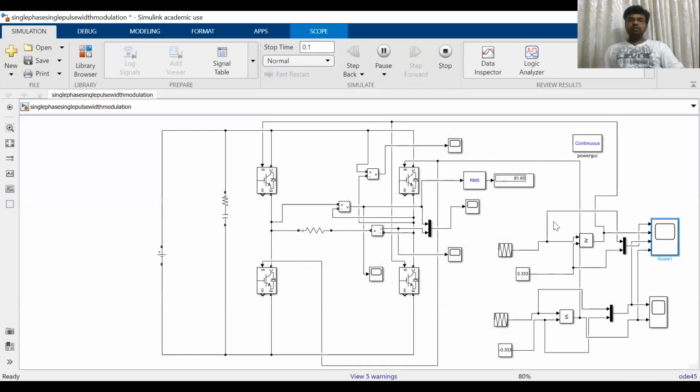First, we will see the harmonic and fundamental components, and then one by one we will discuss whatever we have done in the problem, so that we discuss clearly. Now this is the output of single pulse width modulation. Here, if you observe, what is V01?